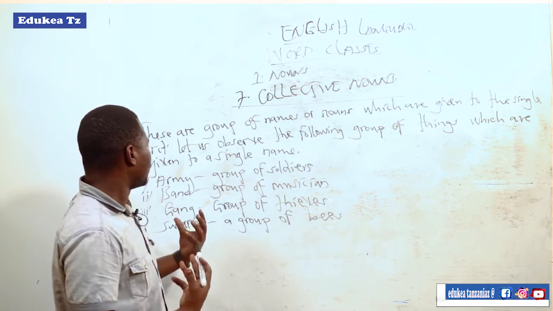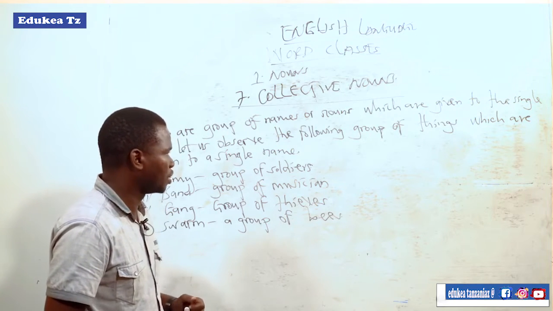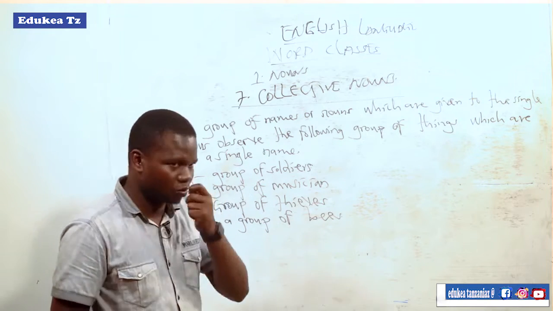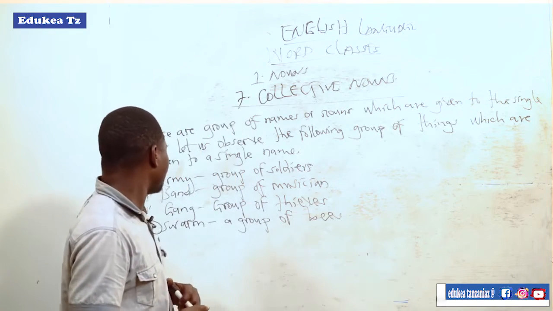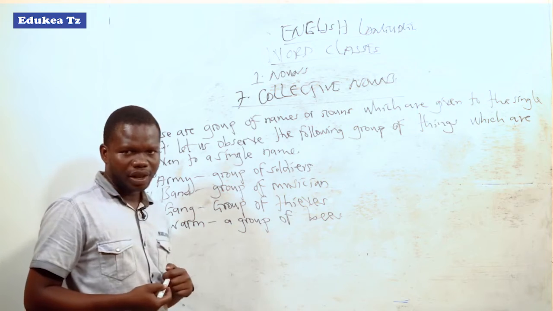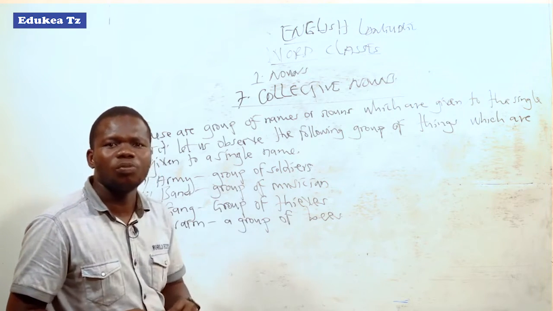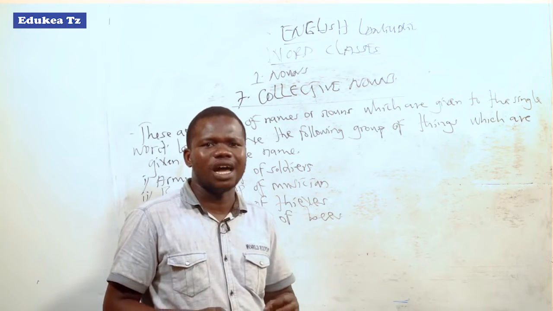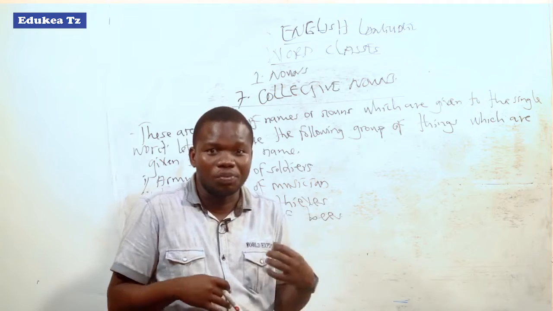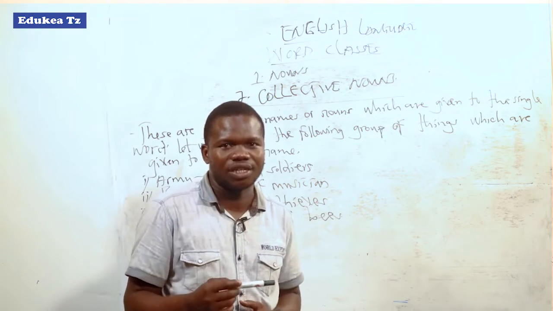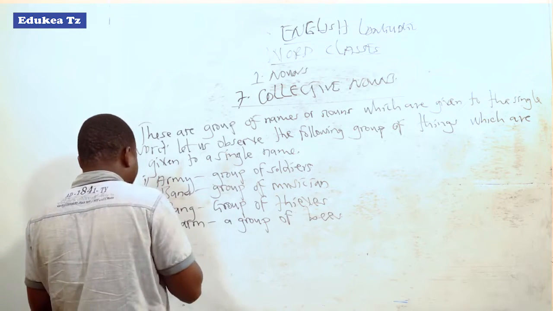And for more clarification, let us observe the following groups of things which are given a single word. For example, we have army. So this word army is a collection of soldiers, or a group of soldiers. But now those soldiers who are in a group are given a single word, the collective form of this part, that is army.